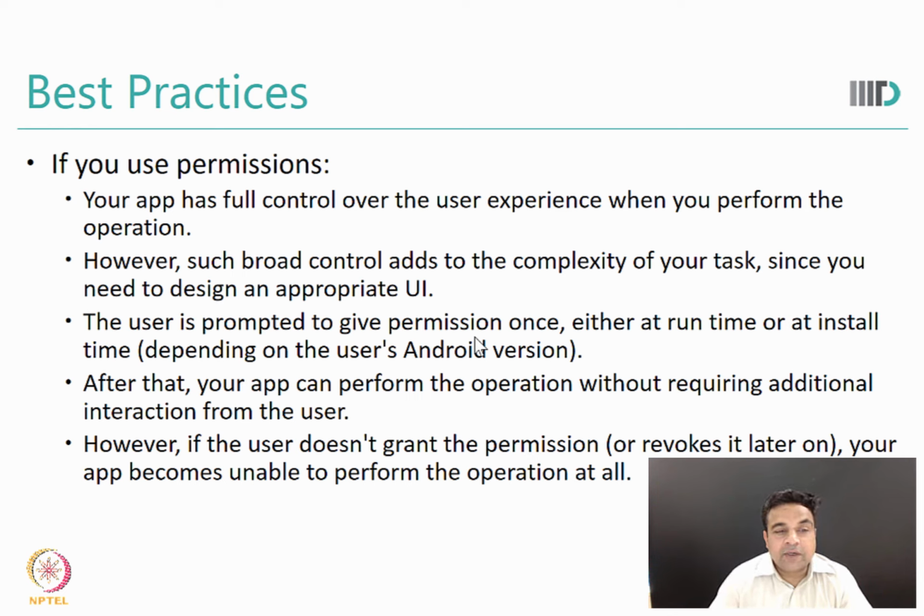Now let us see what happens when we use permissions. When we use permissions, our app has full control over the user experience. That is, we will have to design an appropriate UI. So even if we are using the camera app, it will run within our UI if we are running it using permissions. Now this may add complexity, but it also gives you more freedom.